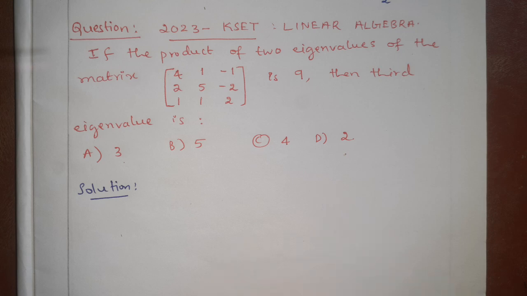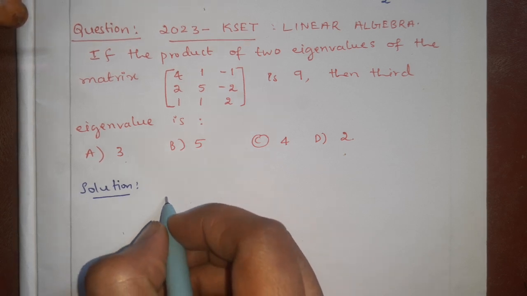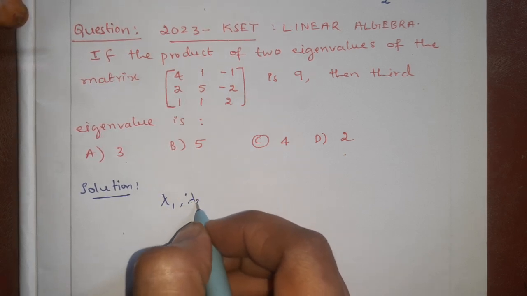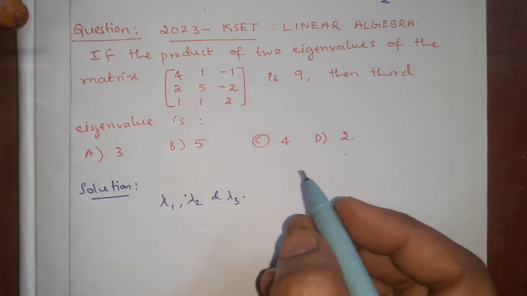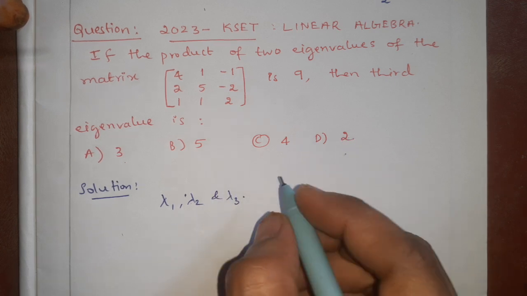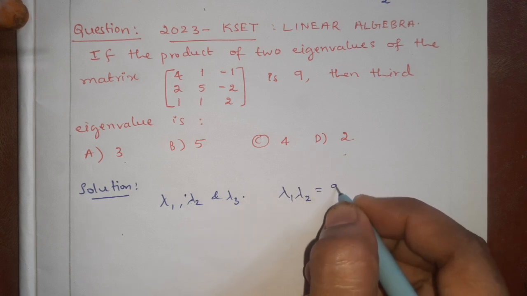So, given A is a 3 by 3 matrix, it has 3 eigenvalues, lambda 1, lambda 2 and lambda 3. They have given the product of two eigenvalues, say lambda 1 into lambda 2, is 9.